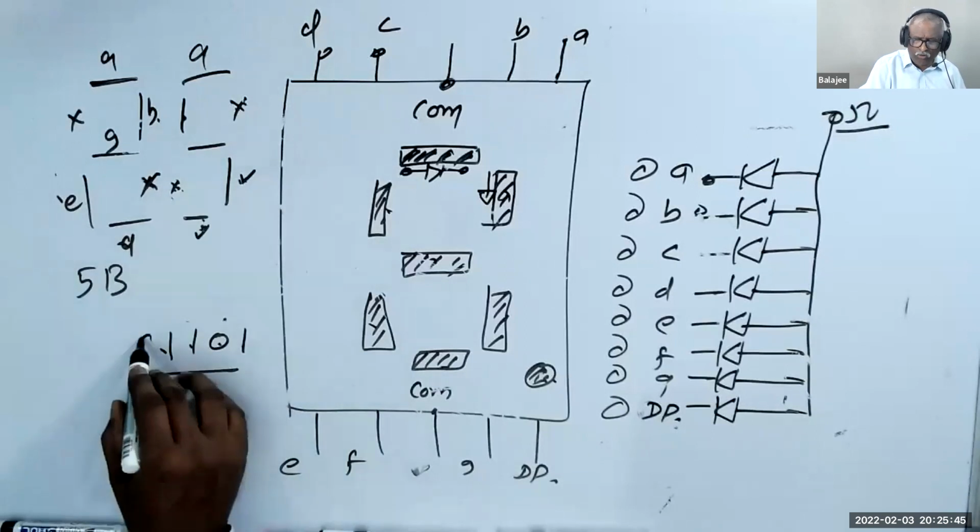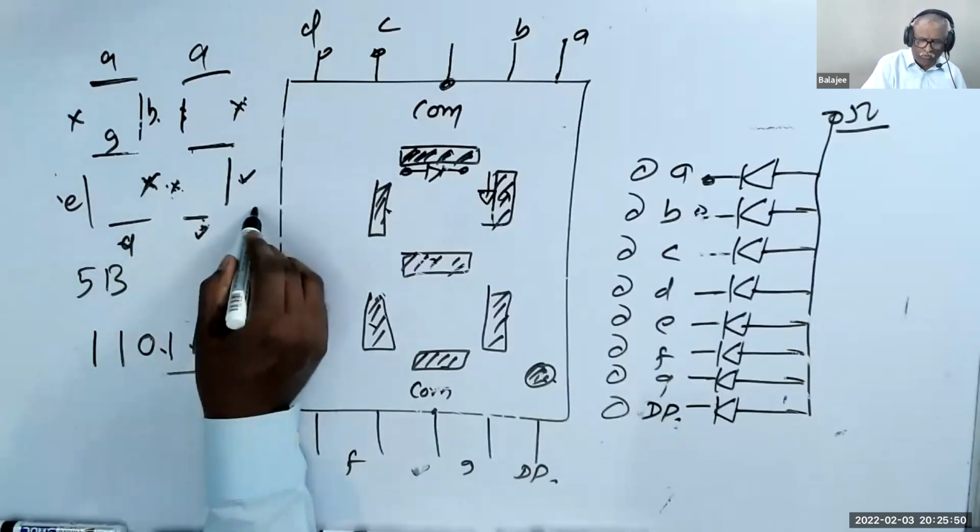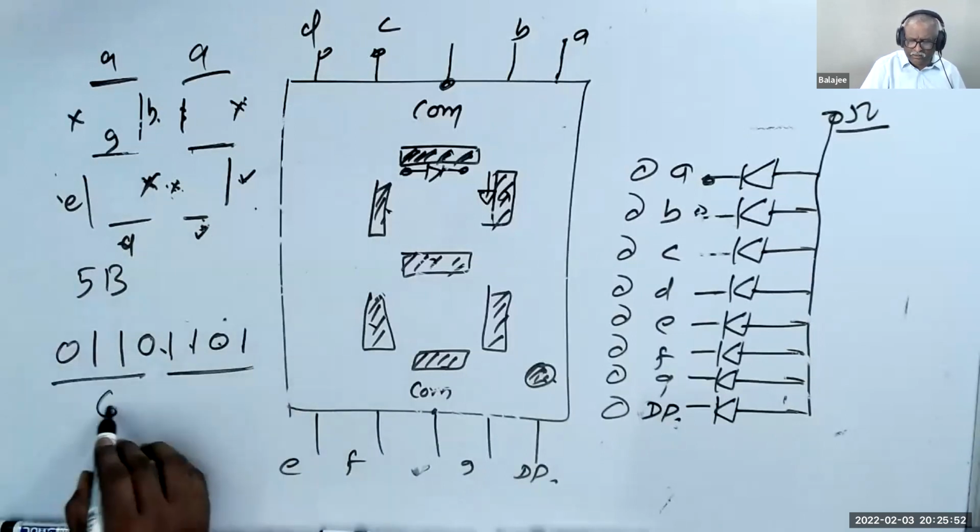Then E is 0, F is 1, G is 1, dot is 0. That means that 6, D.